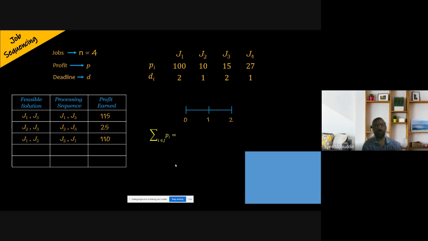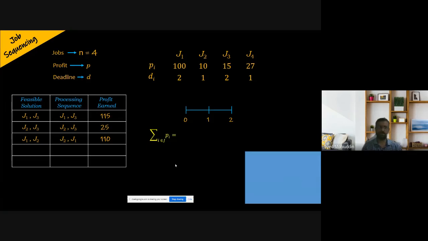The greedy method of solving this problem is to consider jobs that have high profit first. So consider jobs in decreasing, or non-increasing, order of their profit and schedule them such that their deadlines are not violated.